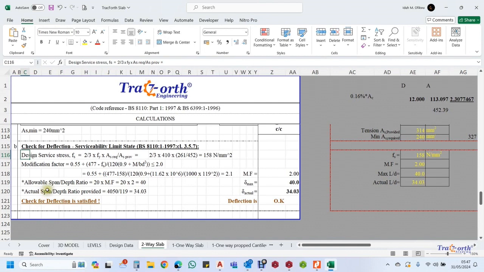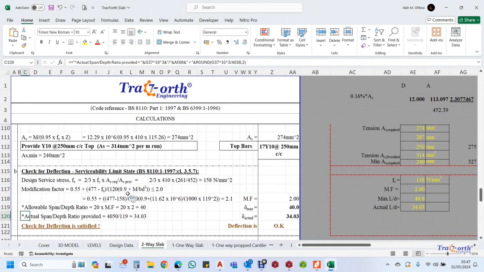Then what is now your actual span? The allowable span depth ratio is saying it must not be more than 40. So what you have here is the actual span, which is 4.05 meters, that is 4,050 millimeters, divided by the effective depth.